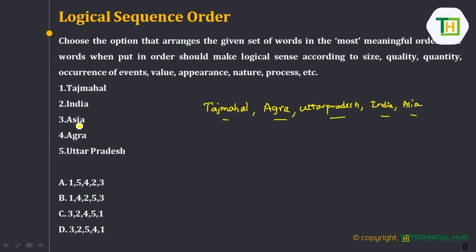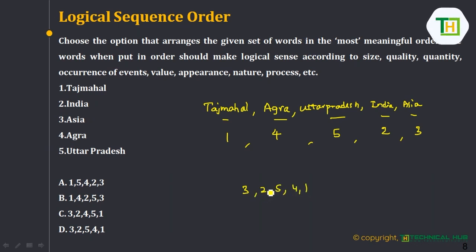So that should be the correct order. Taj Mahal is the first word, Agra is the fourth, Uttar Pradesh is the fifth, India is the second, and Asia is the third. So 1, 4, 5, 2, 3 is one order. When I arrange it from largest to smallest, the order should be 3, 2, 5, 4, 1.